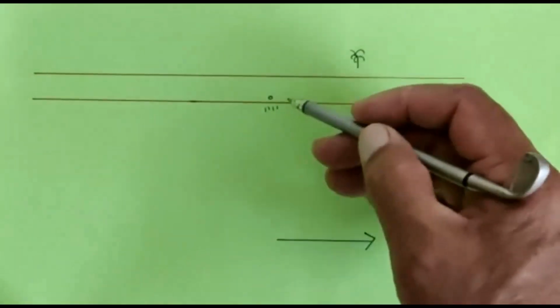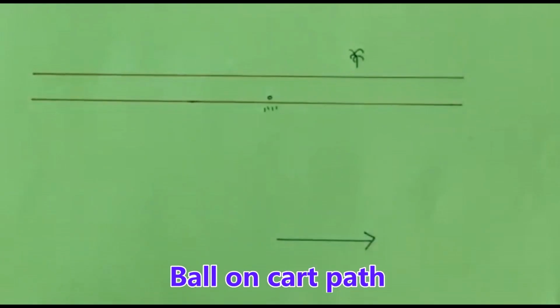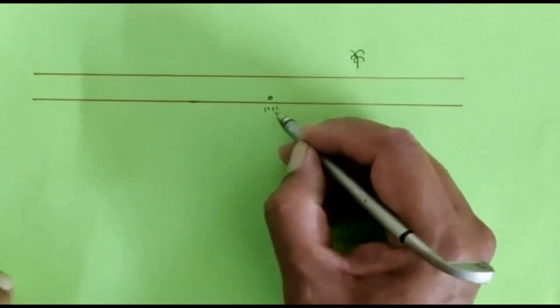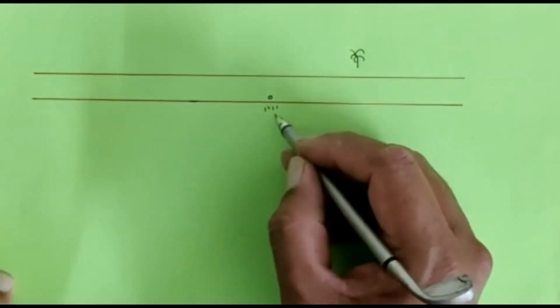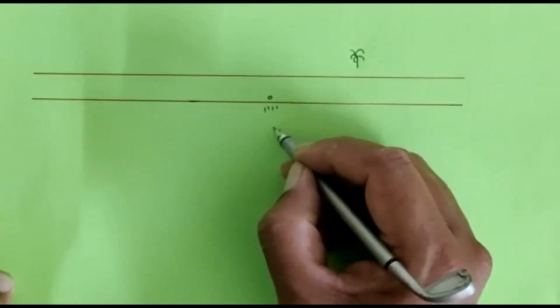Let us say that the golfer's ball is here on the cart path and he is entitled to a relief. Now he selects 2 points of relief. One point is this side. He stands here, takes his stance, chooses a club which he would play and selects the nearest point of relief.